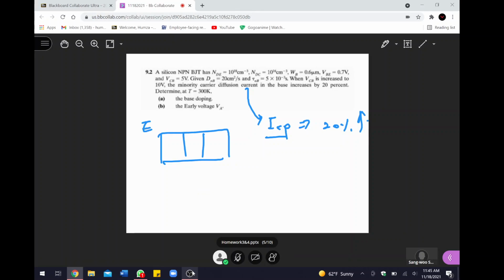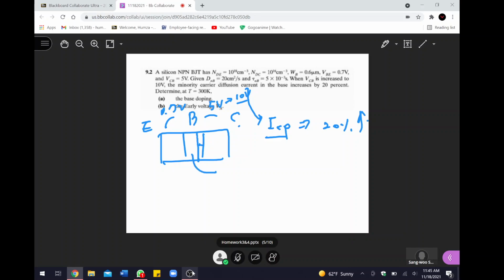You have the emitter side, base side, and collector side. The emitter-base is forward biased at 0.7 volt. The collector-base was initially 5 volt reverse bias, but now we increase it to 10 volt. When you increase this, as you know, the effective base width decreases.